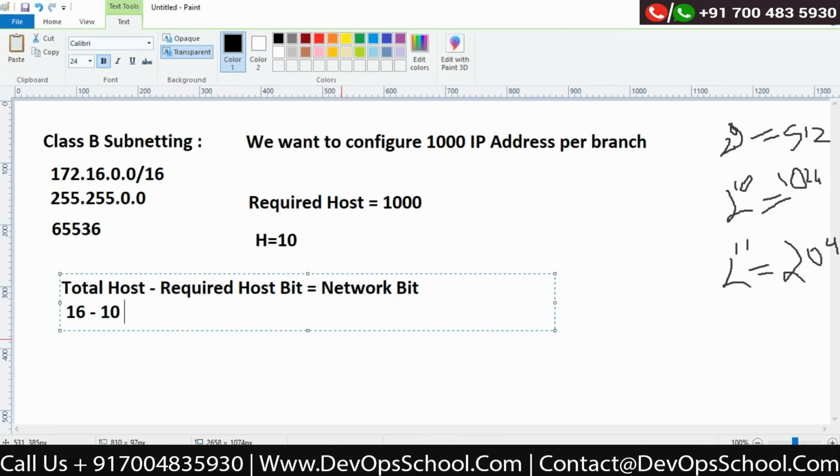So how much can I go for the network? The remaining 6. So my n is equal to 6.